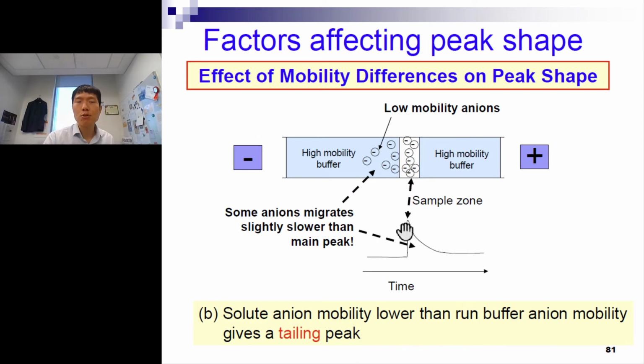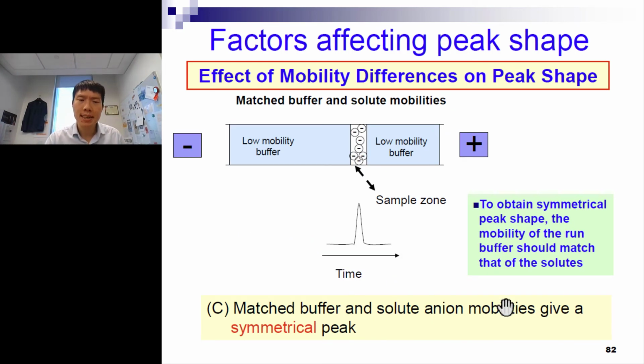On the other hand, you also have tailing, which means a few of these ions are bulkier, floppier, or heavier. They come up slower, so even though your band of sample comes up first, there's a bit of tailing because they're still being scanned by the window. Both tailing and fronting are not desired. When you don't have such an effect, you have a very symmetrical peak, which is desired. If you ask me which is more common, it is the tailing effect.